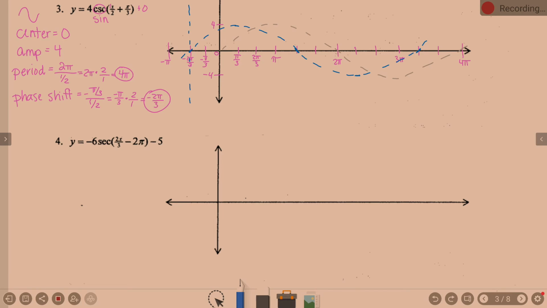You're going to have an asymptote in the middle, which is 4 pi over 3. And an asymptote at the end, which is 1 piece past 3 pi, so 10 pi over 3. So a cosecant curve based on sine is going to have 3 asymptotes.